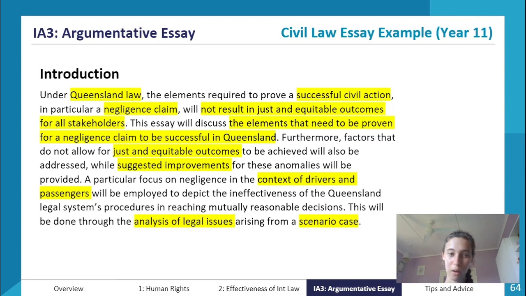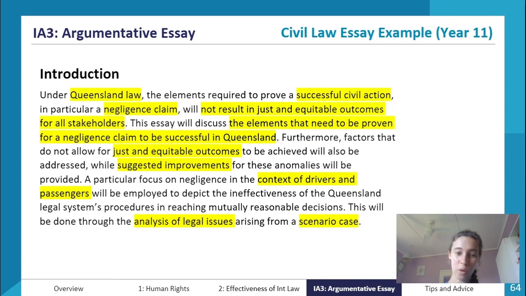But it could have been on criminal law because different schools do different orderings of when they cover the content. So this is just from my Year 11 civil law assignment, which was the argumentative essay genre as well.